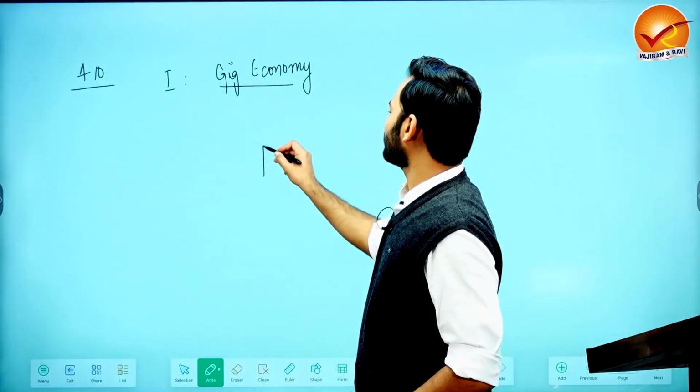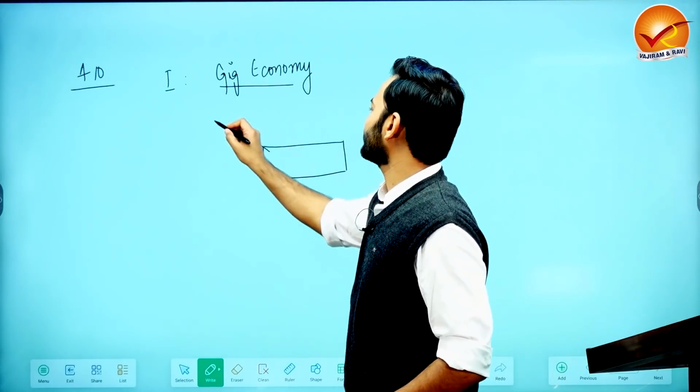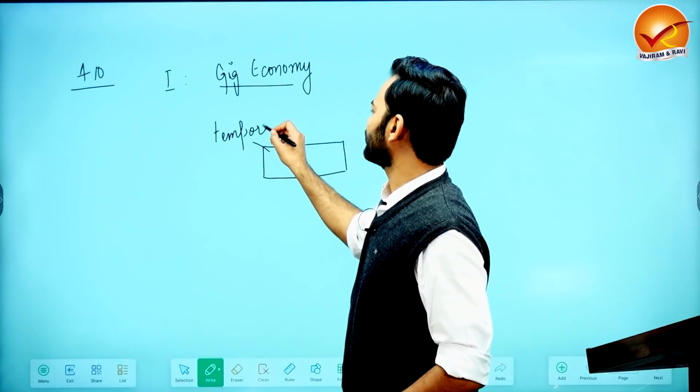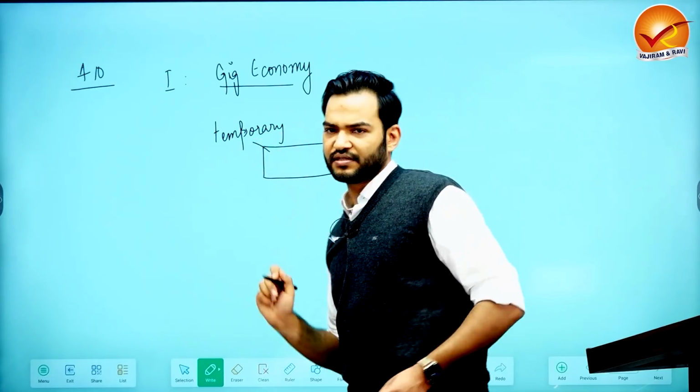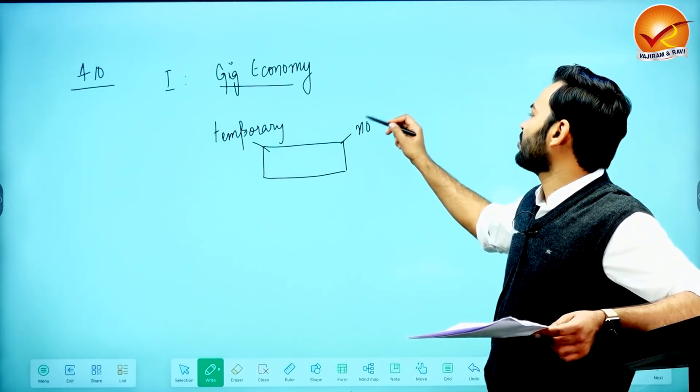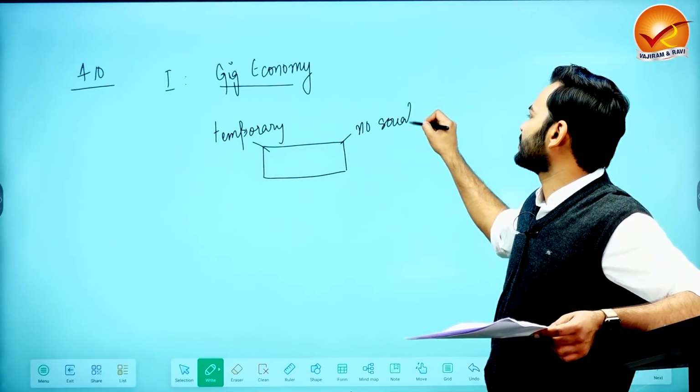So in gig economy, in the intro we can write that it is a temporary nature of job. It is not a permanent job, a temporary nature of job, which does not offer any social protection.